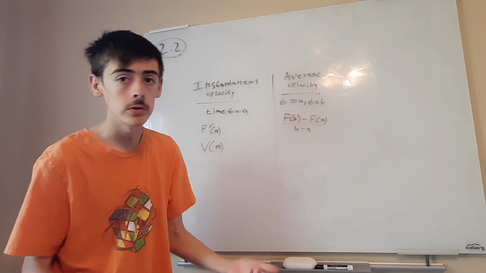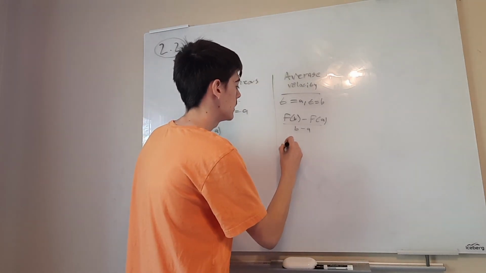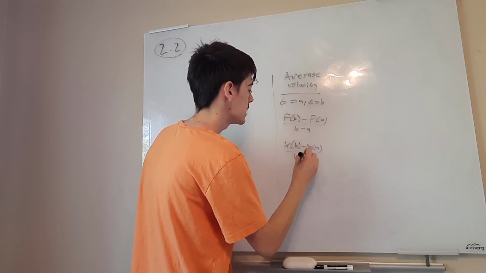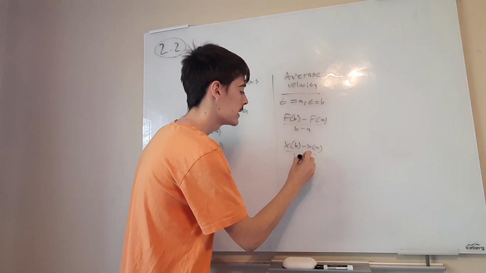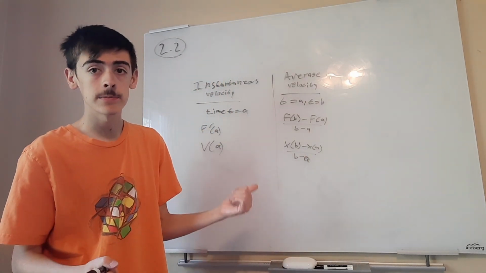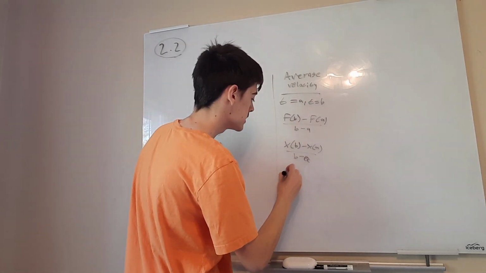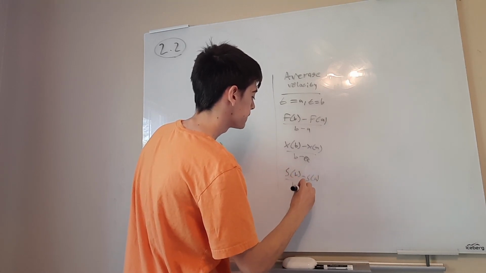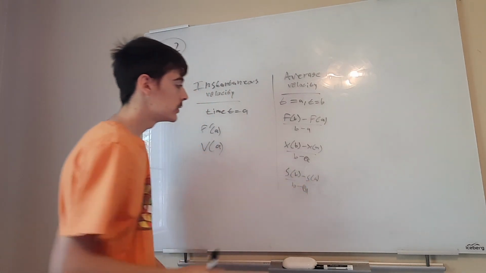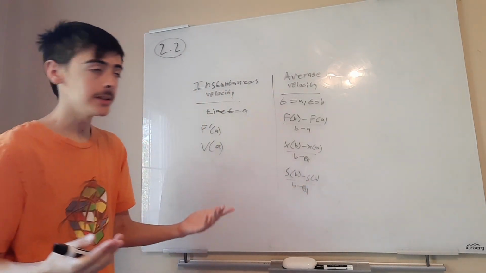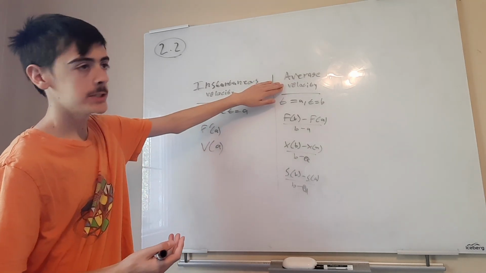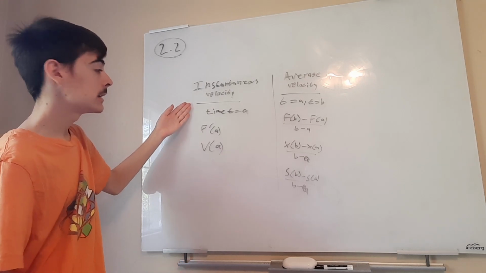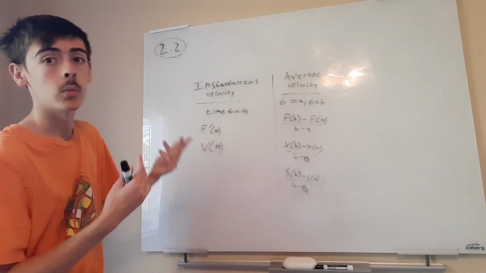And if we're using our new notation, it would be written like this, x of b minus x of a over b minus a. But remember, I said that position could be represented by x of something or s of something, so it could also be written as s of b minus s of a over b minus a. So it's a lot of notation, but basically the way you remember it is average velocity is going to be your average rate of change formula, and instantaneous velocity is going to be just the derivative at that one point.